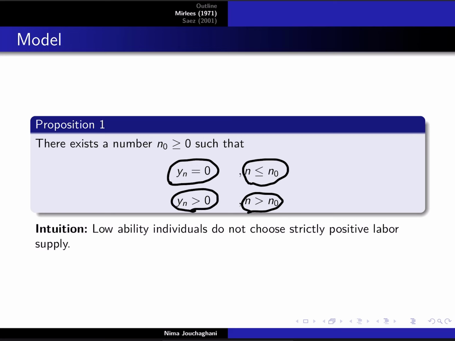The intuition here is that low ability individuals do not choose strictly positive labor supply in optimum. There will always exist individuals who choose not to work, simply because their skill is so low that their productivity is very low, and it's just not worth it for them to work. So the costs are too high, if you want to state it like this.